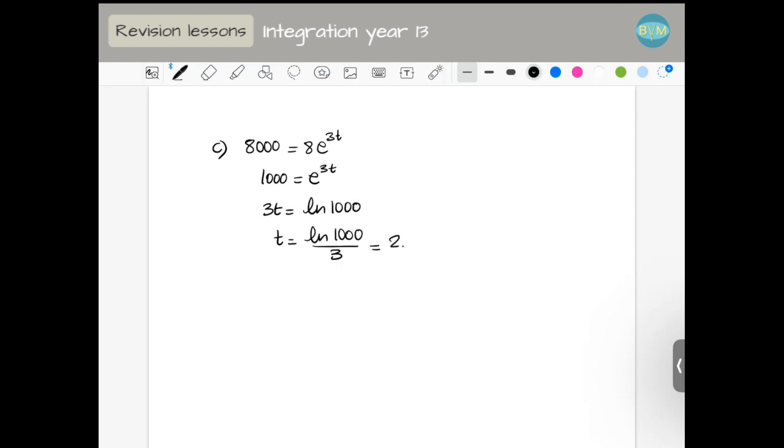When you use the calculator, if you write ln 1,000, it will open a bracket. If you straight away divide by 3, you're going to get the wrong answer because it's going to do the ln of 1,000 divided by 3. So what you have to do is write a bracket or do ln 1,000 equal.